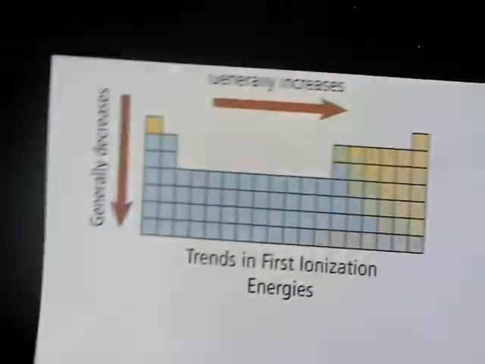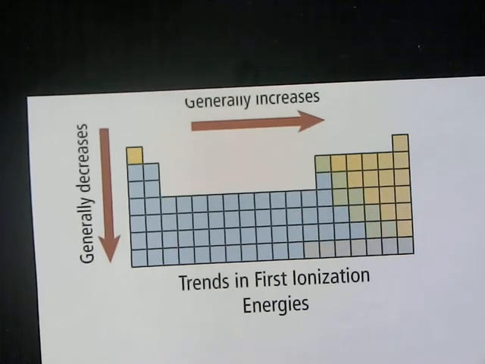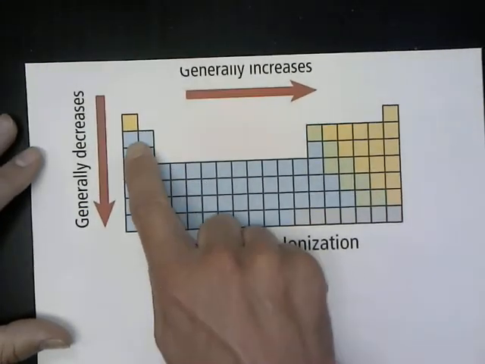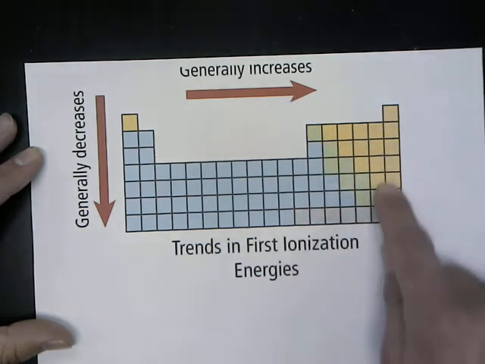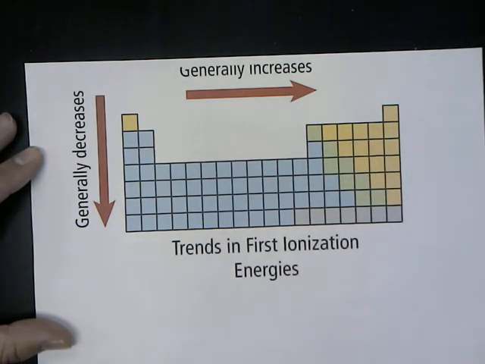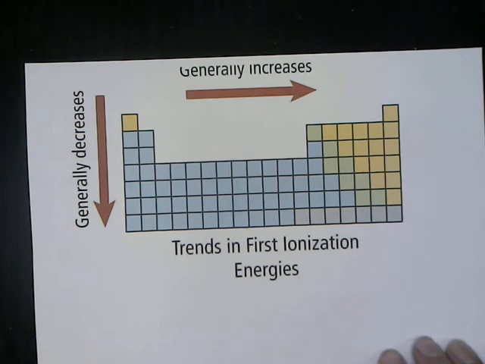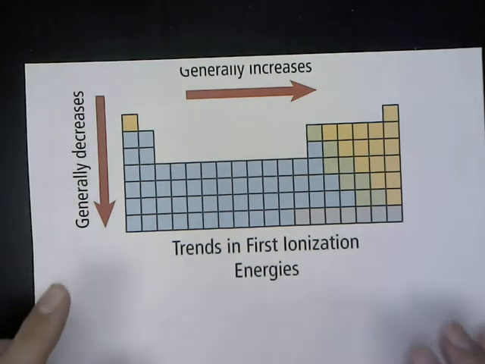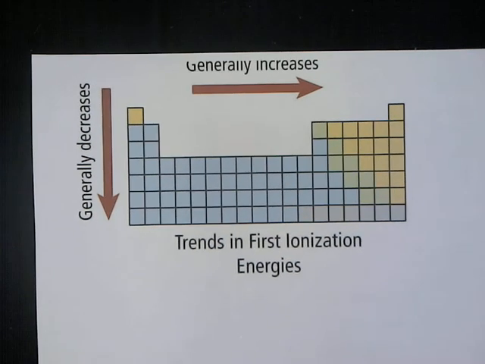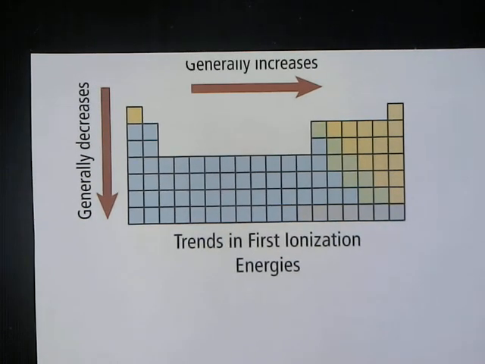Our ionization energy, remember, ionization is saying how much energy is required to remove an electron from an atom. And as we move left to right, the ionization energy is going to increase. That's because elements on the right-hand side want to hold on to those particular electrons. And as they go down a group, it decreases because those electrons are further and further away from the nucleus of the atom.